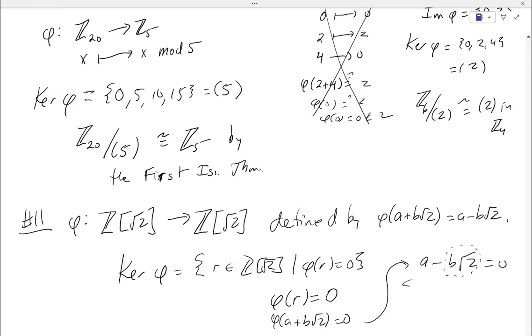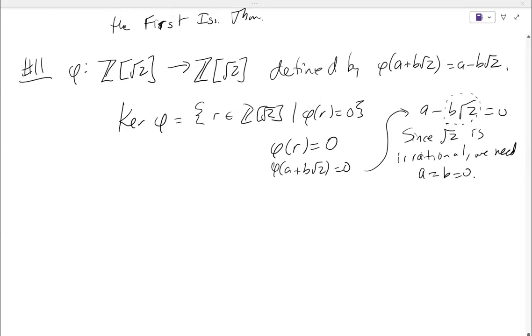So since the square root of 2 is irrational, we need a equals b equals 0 for this to be true. So the only thing in the kernel is 0.